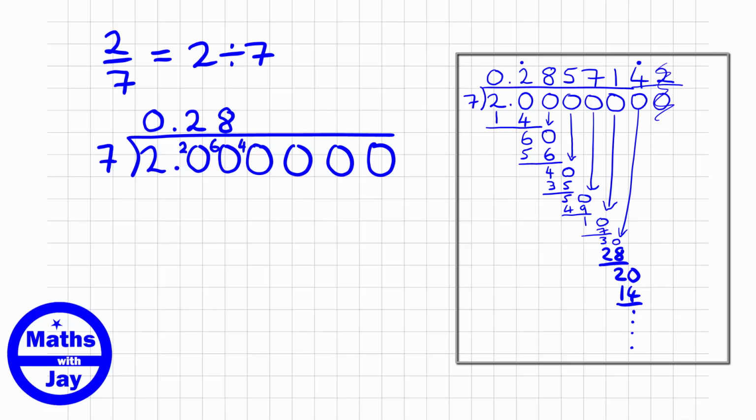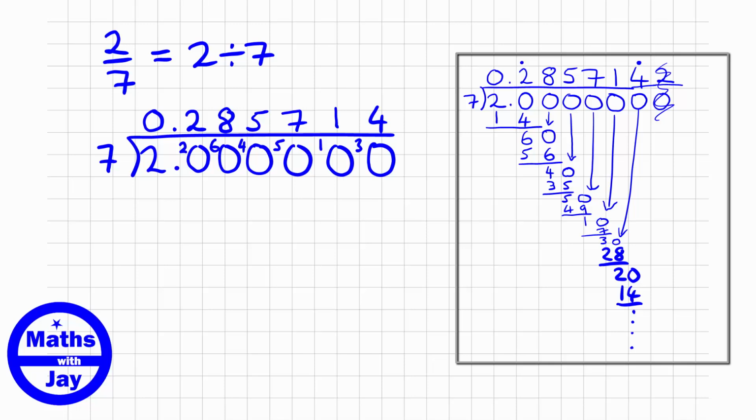So 7's into 40, well, that goes into 35 5 times. Remainder of 5, because 40 minus 35 is 5. 7 into 50 goes in 7 times with a remainder of 1, because 50 minus 49 is 1. 7's into 10 goes once, because 1 times 7 is 7. The remainder is 3, because 10 minus 7 is 3. And 7's into 30, well, it goes into 28 4 times with a remainder of 2.